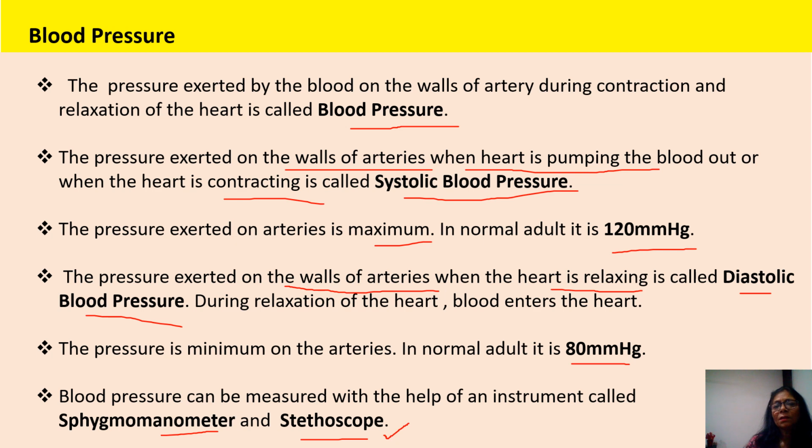When the sound is heard, the measurement is known as systolic blood pressure. When the pressure in the tube is released, the sound disappears and the arteries relax. So when the sound disappears, this is known as diastolic blood pressure.